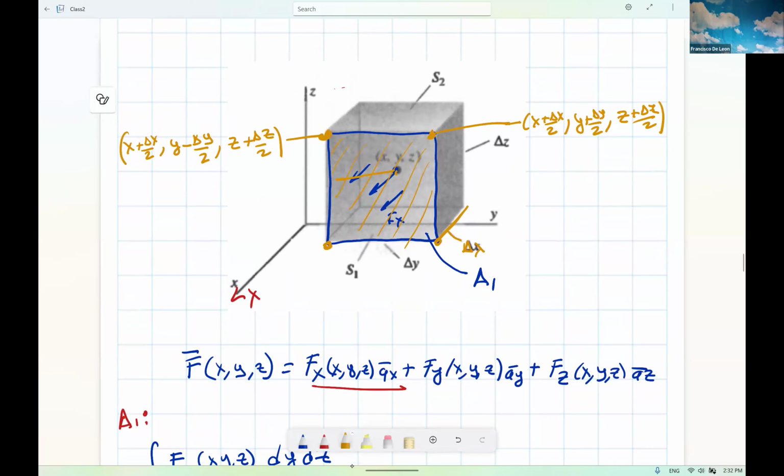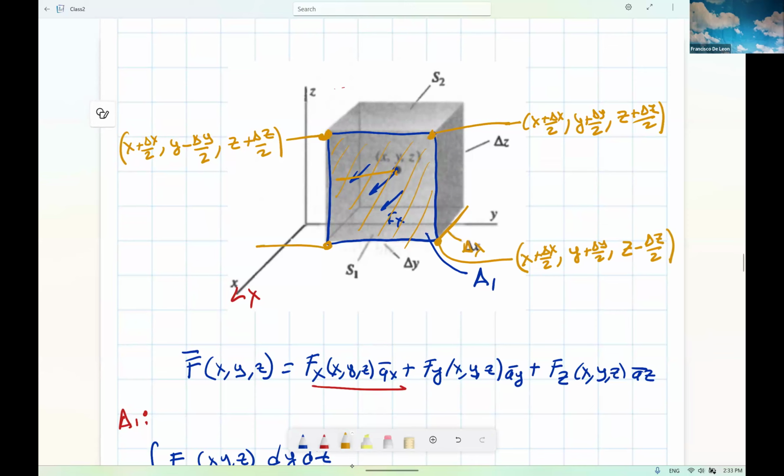All right. Now let's do the other points. This point over here will be x plus delta x by 2. It will be the same y positive here, y plus delta y by 2. But now the z is negative. It is z minus delta z by 2.